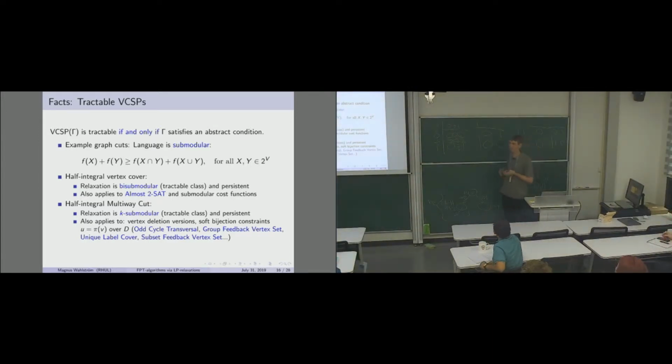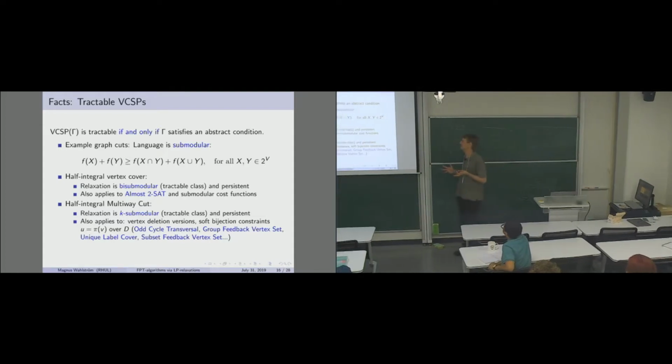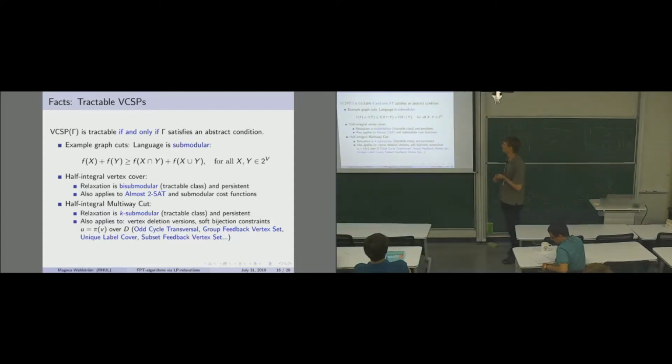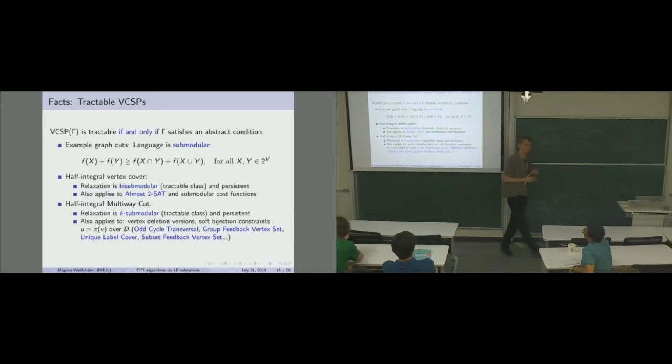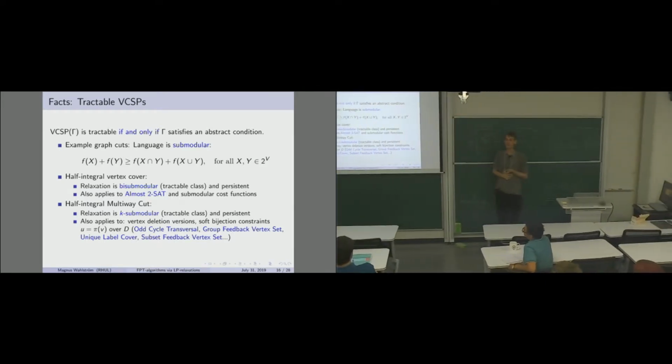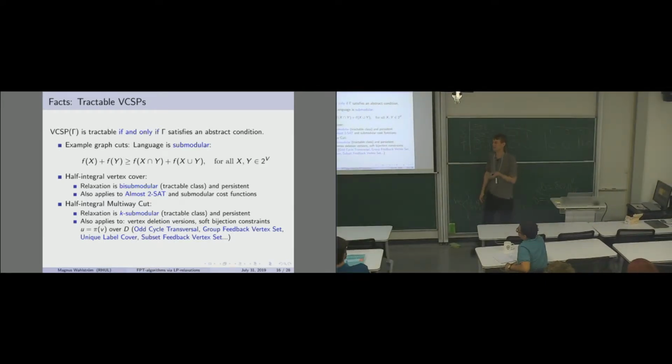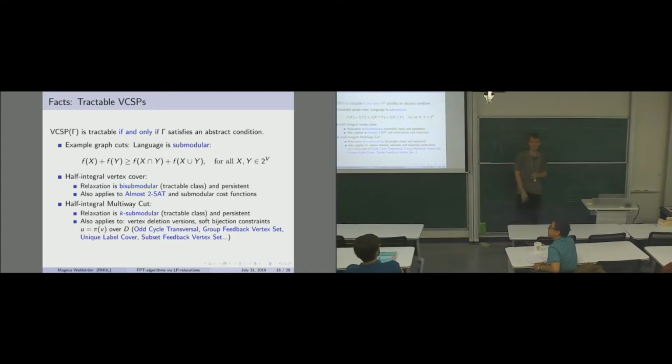So yeah, I apologize that this becomes very abstract, but there is an exact definition that a language is tractable if and only if there is some kind of generalization of the submodularity condition. And you can work out, using that condition, that k-submodularity has the persistence property.